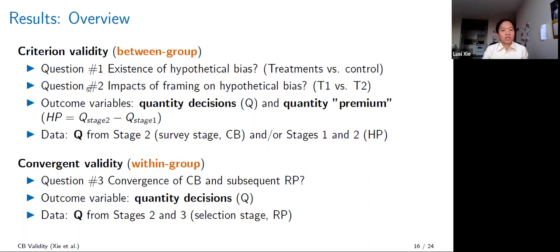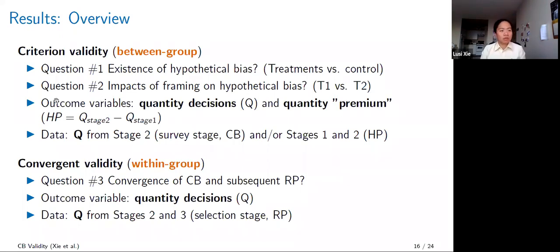The second question is to look at how the framing would affect hypothetical bias, so whether people would understate or overstate, or they don't respond. By doing so, we compare T1 and T2.